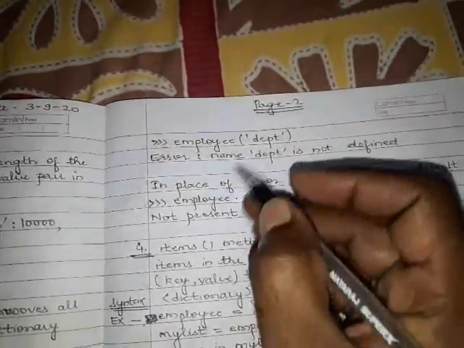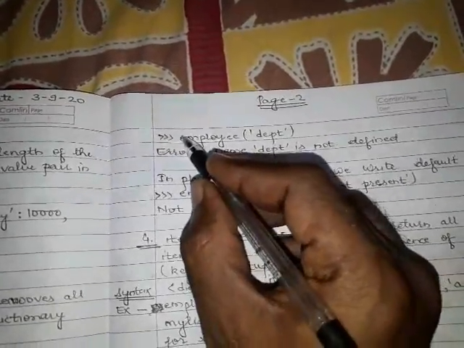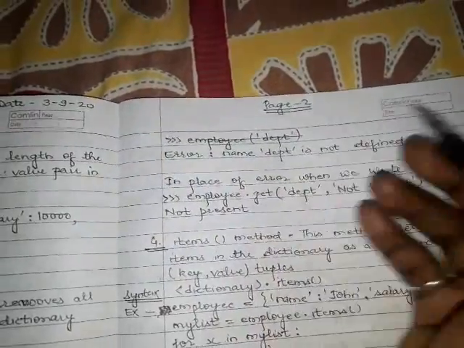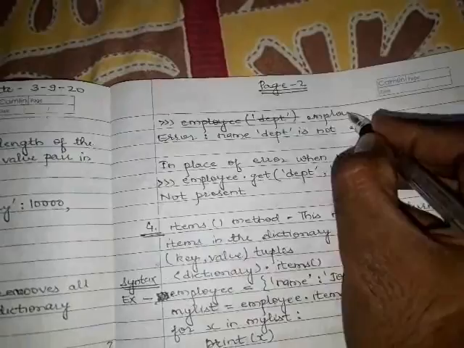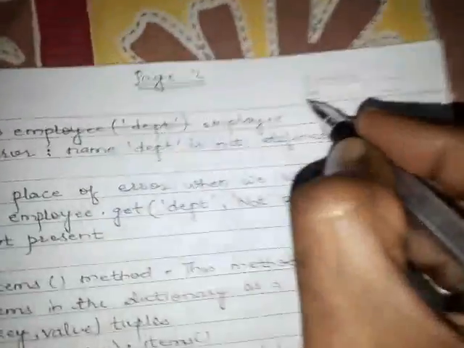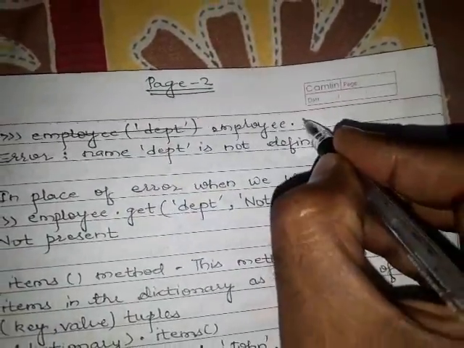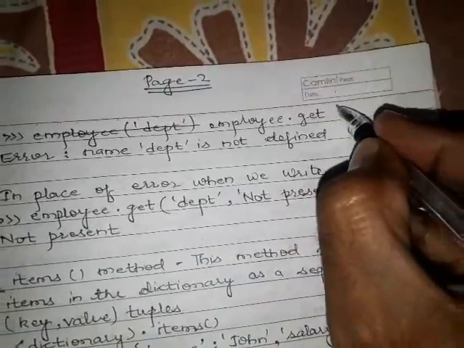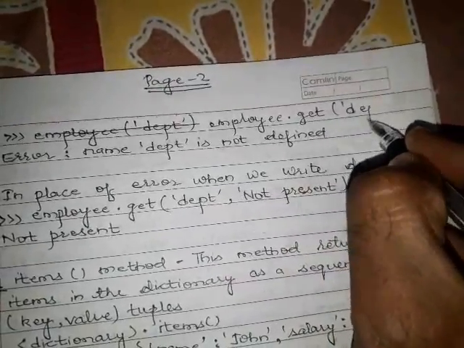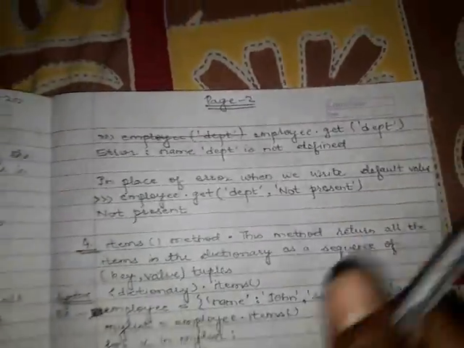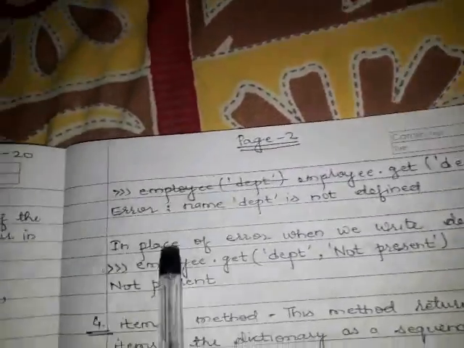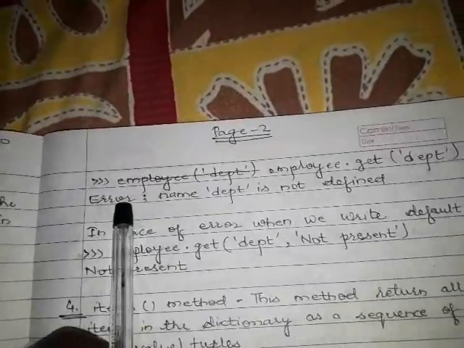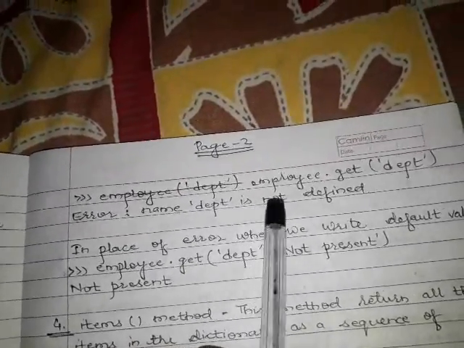You have to write here employee dot get department. Okay, if the department key is not present, so there is Python error which is name department is not defined.